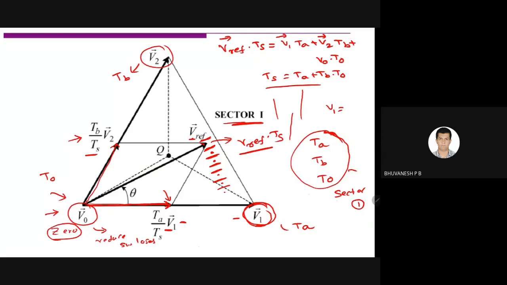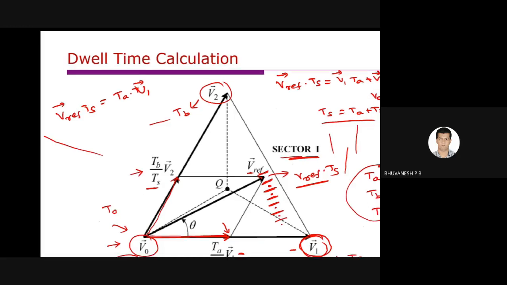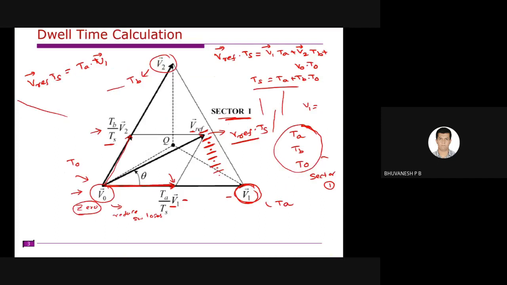Clear? If this is entirely TS into V1, this is simply V reference into TS, right? That is also equal to TA into V1, if you assume the others are 0, that means TB and T0 are 0. So this V1 component is simply TA by TS into V reference, right?